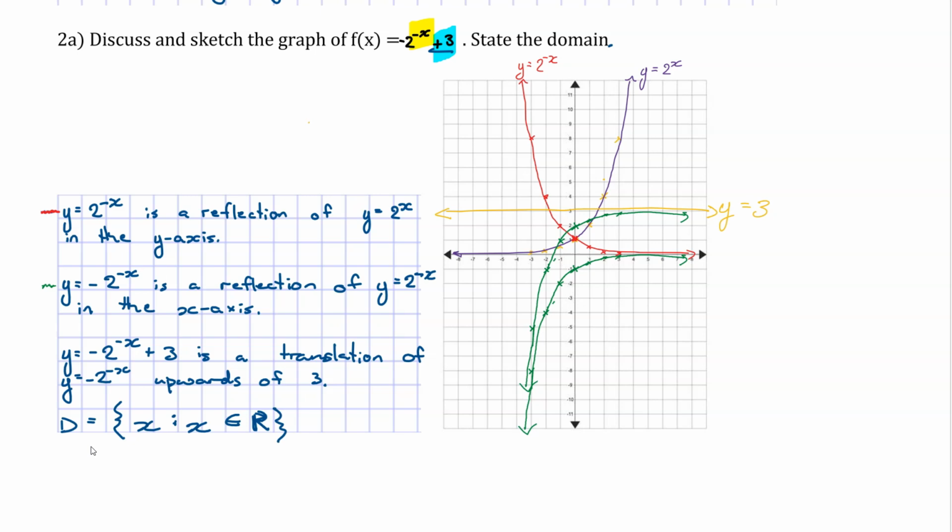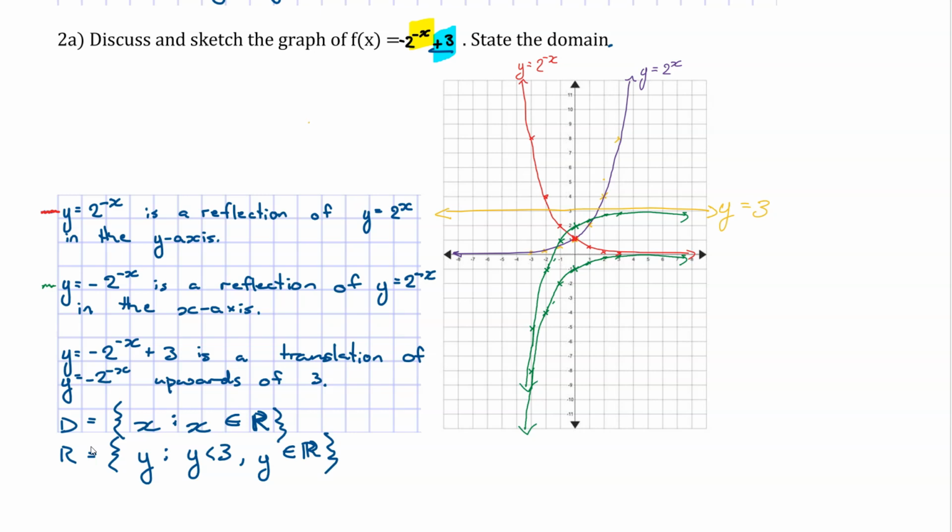And if we want to go one better, and I know the question's not asking for it, we could state the range, because why not. The values of y are going to be where y is less than 3, and y is a member of all real numbers.